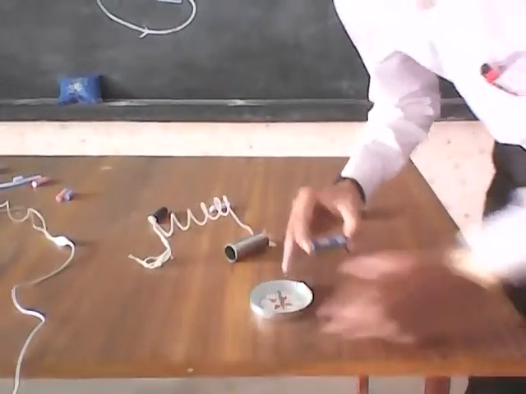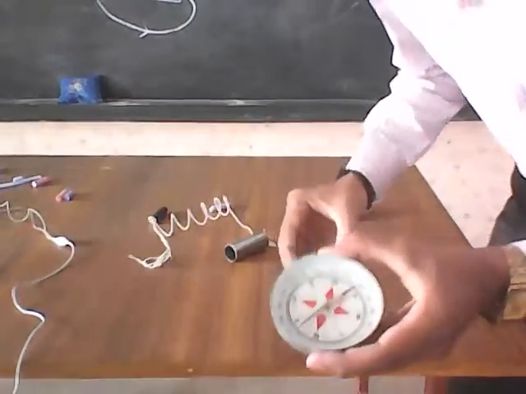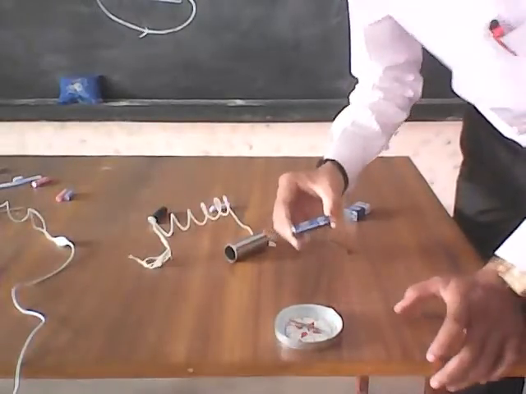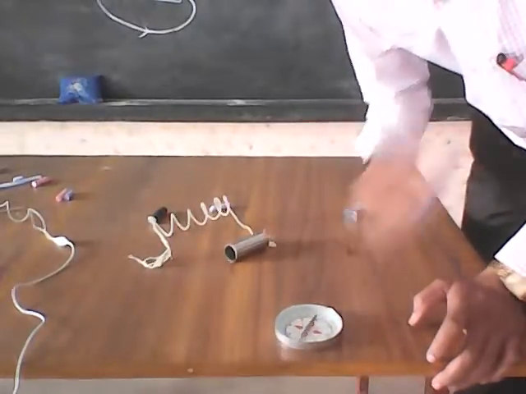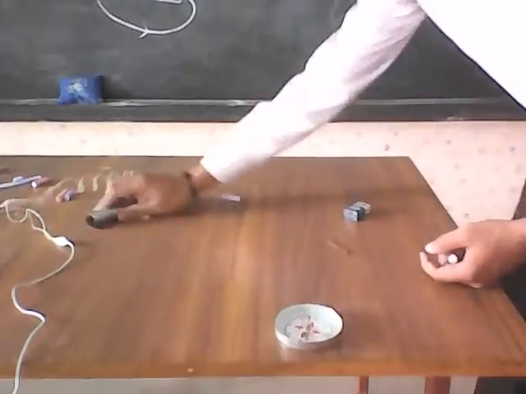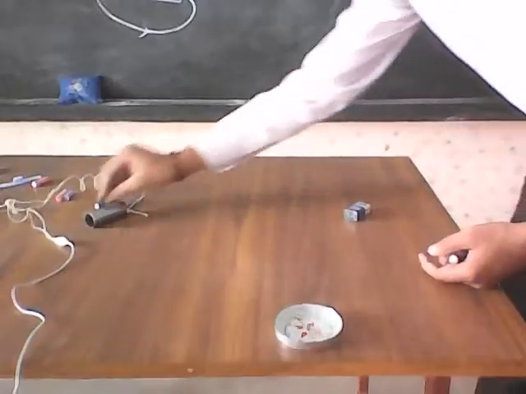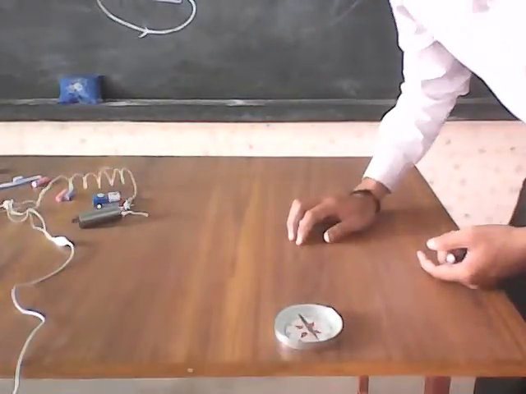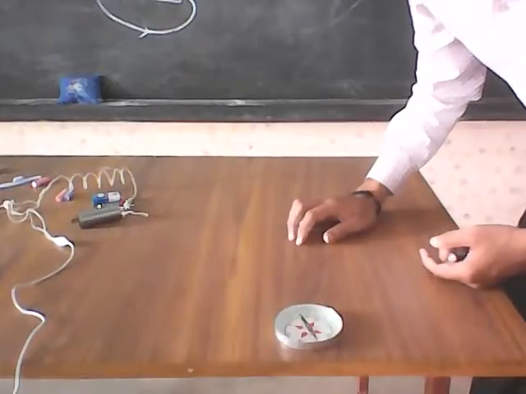Okay, is this visible to you? This is a magnetic compass. Now is the needle visible to you? Is its needle visible to you? Please write yes or no fast. Okay, you can see the needle.